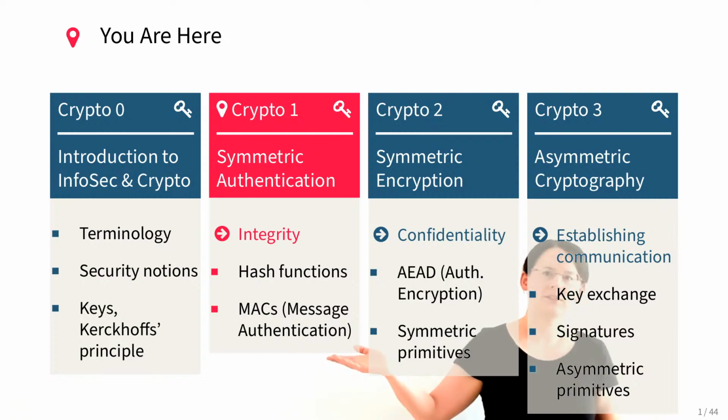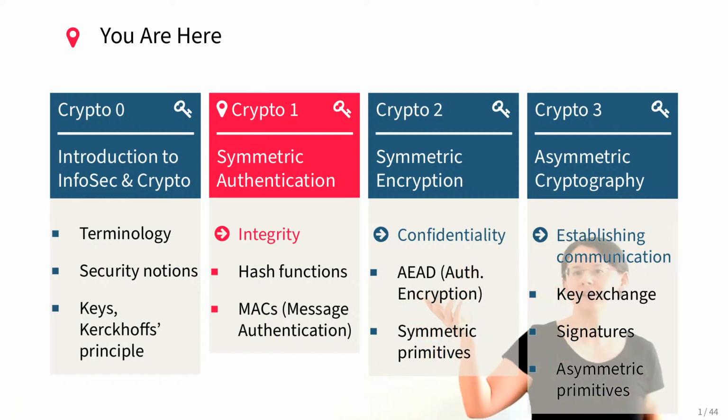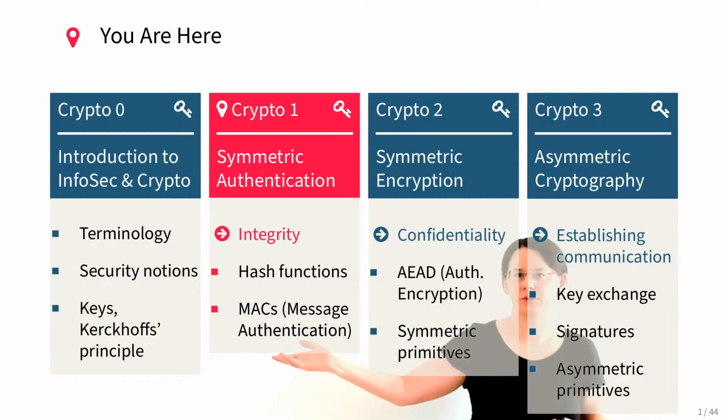And in the following weeks, we plan to have a look at another very important security property, namely confidentiality. So here we're going to have a look at encryption schemes and more specifically at authenticated encryption schemes, which are encryption with added integrity protection.